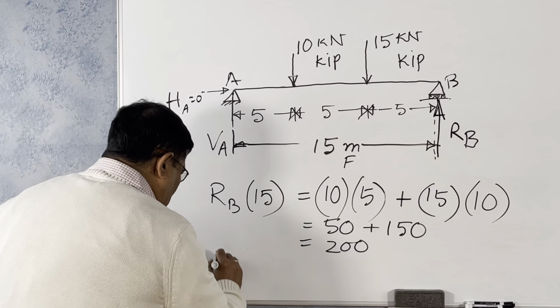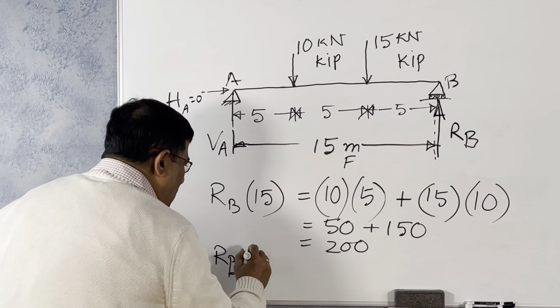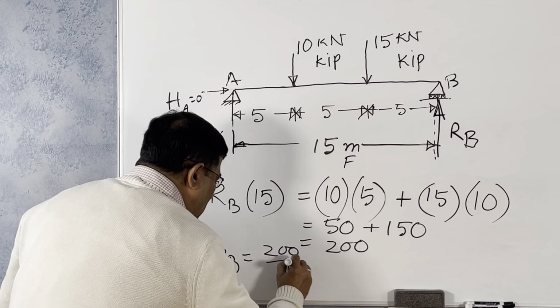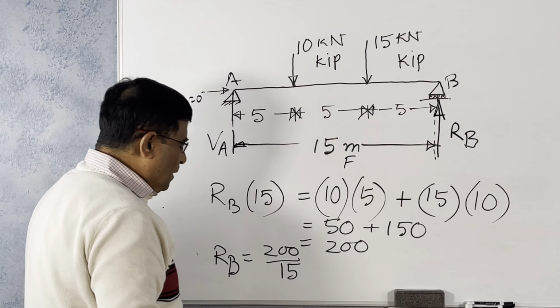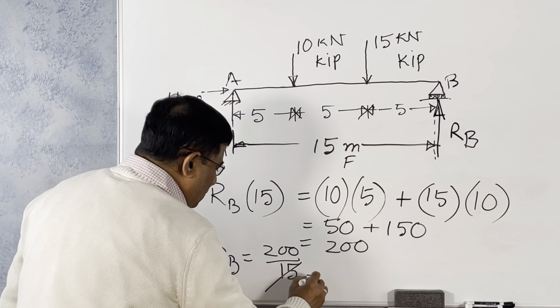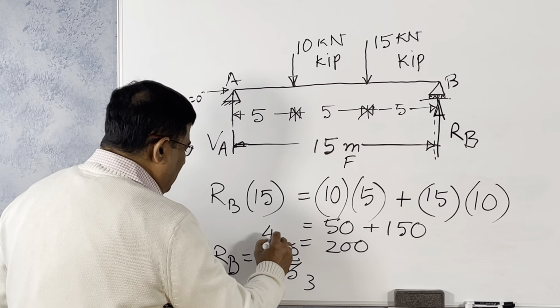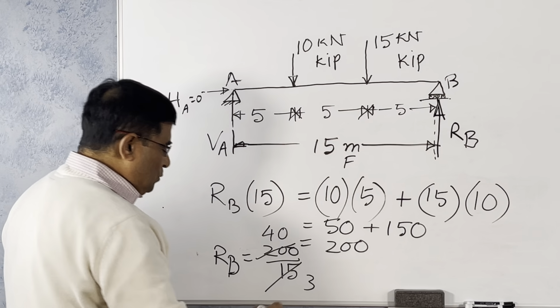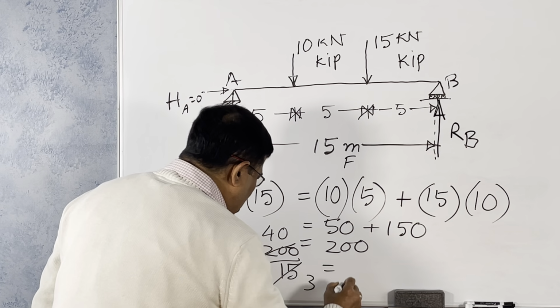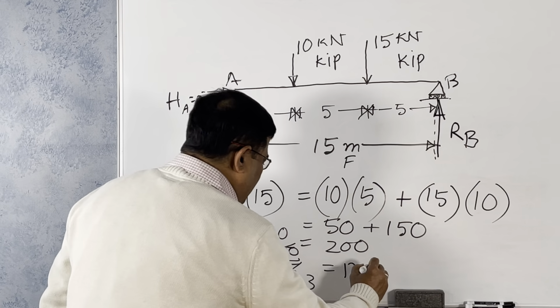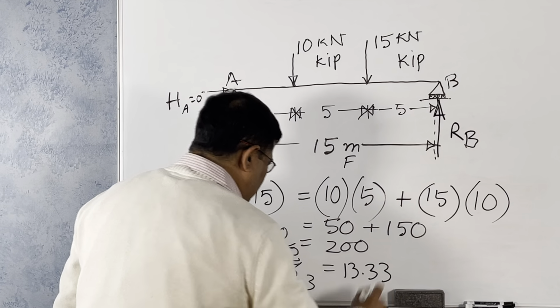So RB equal to 200 divided by 15. Okay? So we cut out, you take 5 common, so 40 on 3. So this will be 13.33.